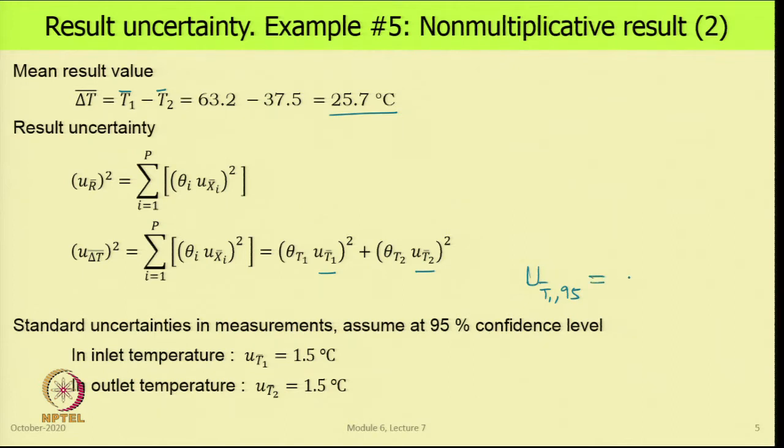So, this will be the constant factor, which for 95% is 2, multiplied by the standard uncertainty in the measurement U T 1 bar. When you do that, we get the standard combined uncertainty in each temperature measurement as 1.5 degrees Celsius.